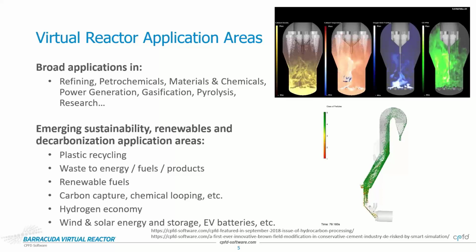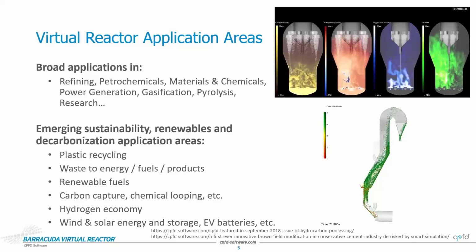Now, those are a lot of the historic use cases, but what we're seeing is a lot of use for emerging technologies in the sustainability, renewables, and decarbonization space. These are exciting technologies like waste plastic recycling, chemical recycling of plastics, taking municipal solid waste, for example, and making sustainable aviation fuel, various renewable fuels, carbon capture, the hydrogen economy.